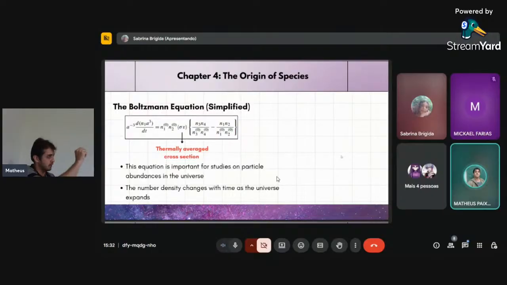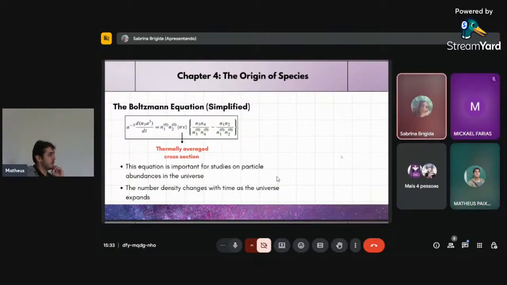And you have to put in the weight, the Boltzmann distribution, and divide by the integral of the Boltzmann distribution. That's why it's an average. Understood. The thermal is because it's a thermal distribution. So that's what thermally average cross section means. It's the meaning of this expression.